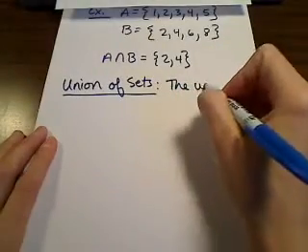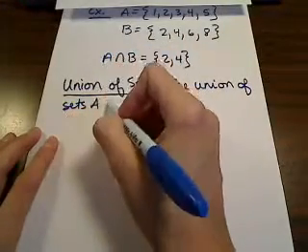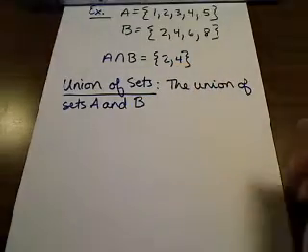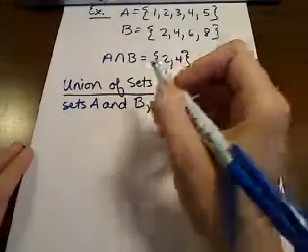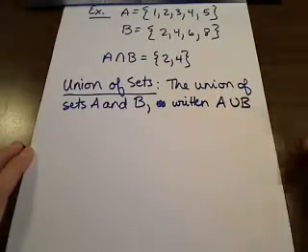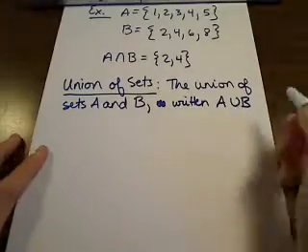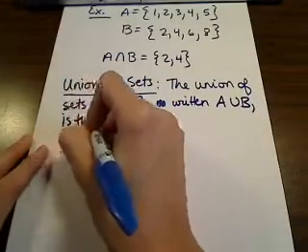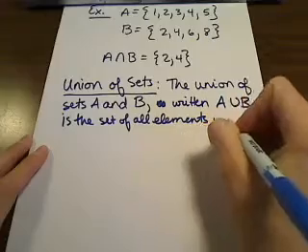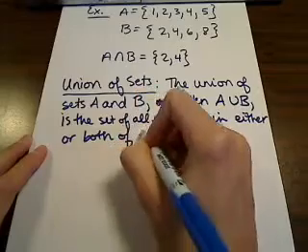We say that the union of sets A and B, and this is written with a U, so it looks like A union B. So this is going to help you to remember which one's which, as the union symbol looks like a U. So this is the set of all elements in either or both of the sets.